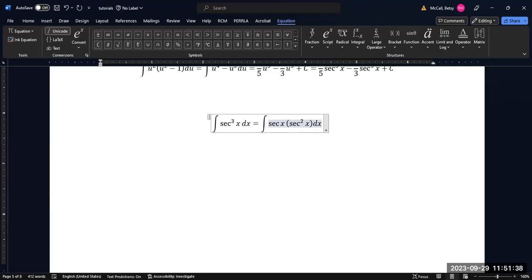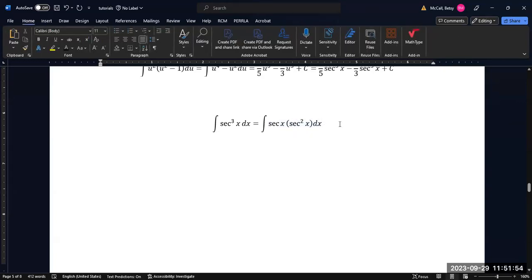Now, if you have like 5 secants, then you would have secant cubed here and secant squared, because secant squared is what we're going to integrate in our integration by parts. And that is just a tangent. So that's going to simplify the problem a little bit. But unlike some previous integration by parts examples you may have seen, this is going to involve both quite a bit of algebra and that looping behavior that we saw with exponentials combined with sine and cosine. So this is not an easy integral to do.